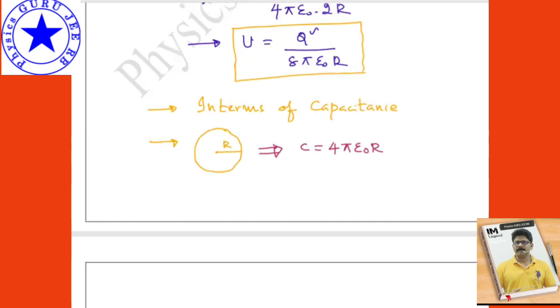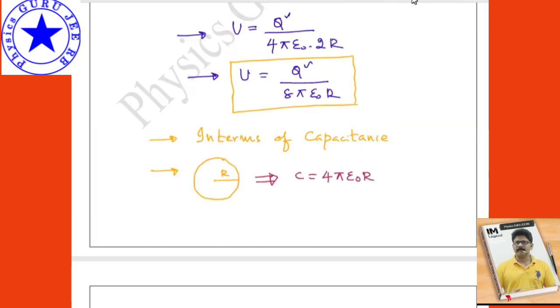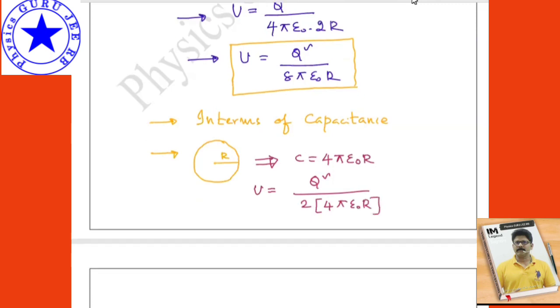So I can write now U is equal to, is it fine? The above equation can be written as U is equal to Q square divided by 2 into 4 pi epsilon naught into R. See, 4 pi epsilon naught into R can be written as what? C, capacitance.